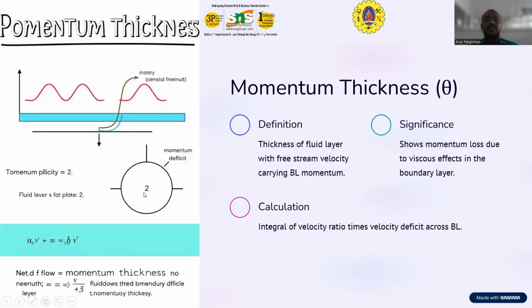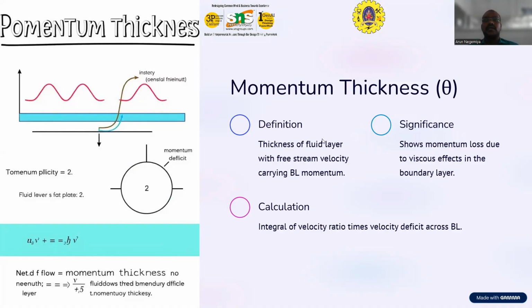The next one is the momentum thickness, denoted as theta. The purpose of the momentum thickness is calculating the drag exerted by an object, as it is related to the momentum loss due to the skin friction drag.